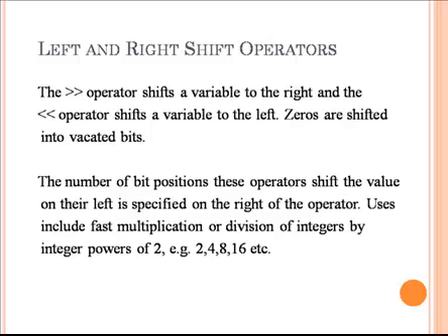Let us examine one example. 8 << 2. Here the specified number of bits is 2. These 2 bits are shifted towards left in number 8. The binary representation of 8 is 4 zeros, 1 000.